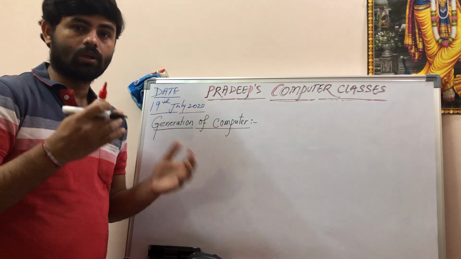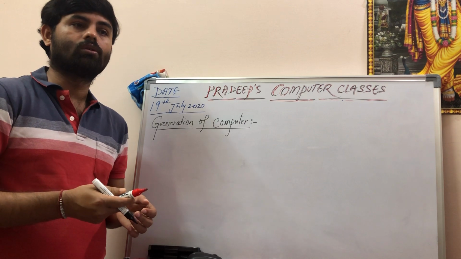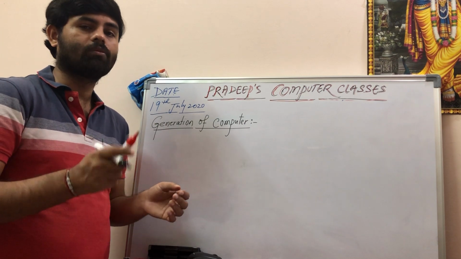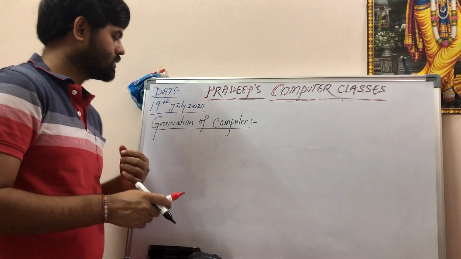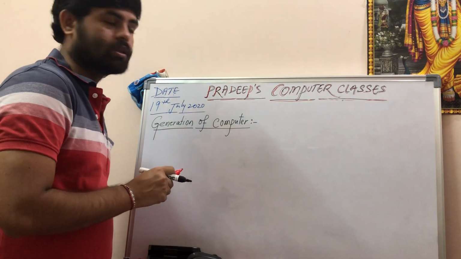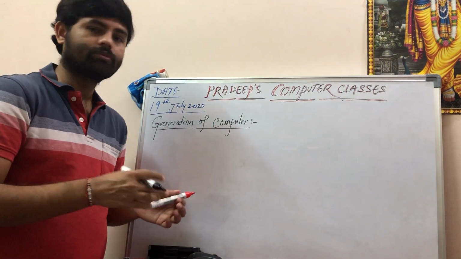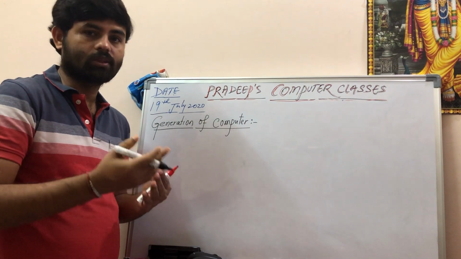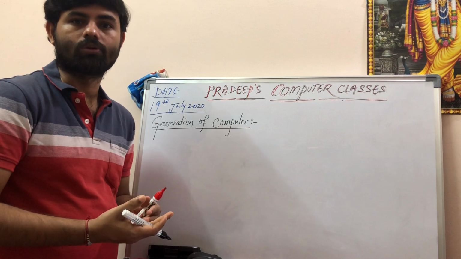But if I say something to your father to understand, he might not be able to understand. So generation is changing because of one life cycle. This is the life cycle process.